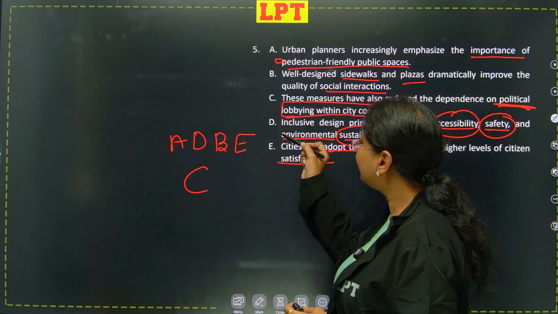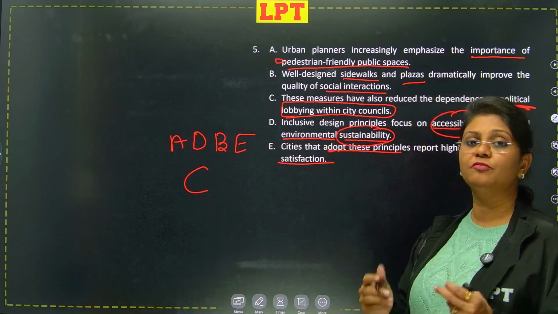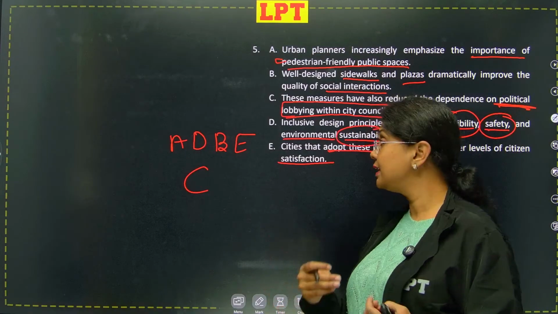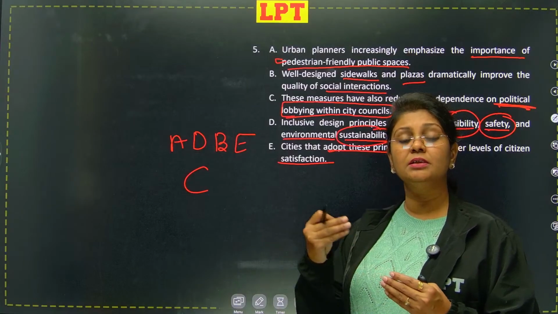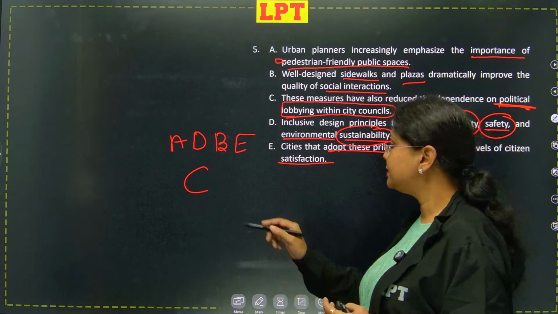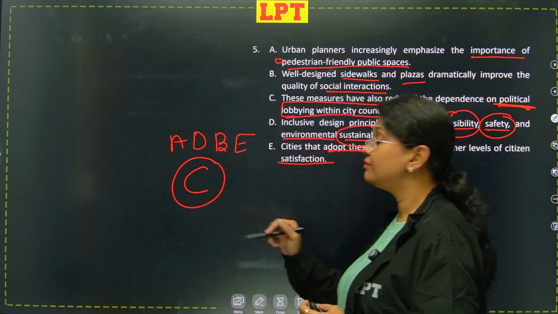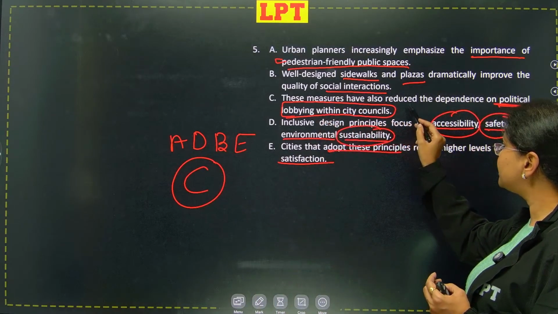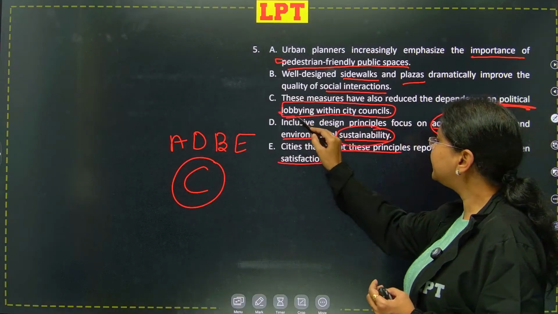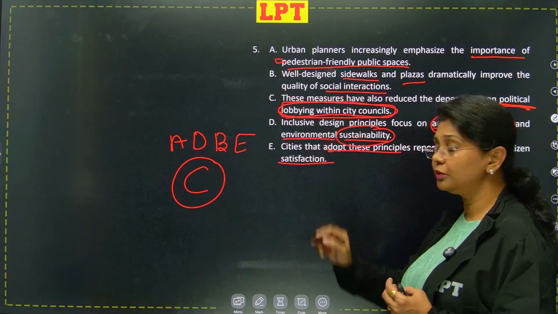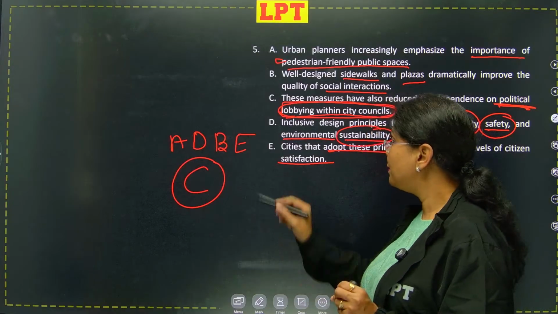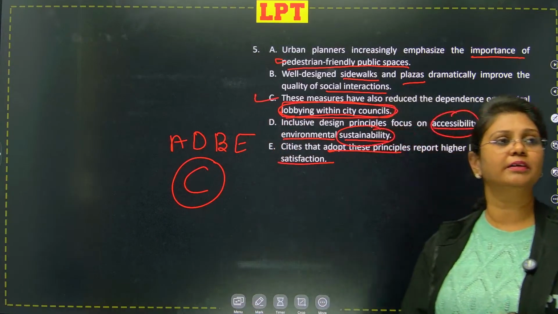A, D, B, and E follow the same kind of principle that we started off with in the first sentence, continuing the direction and discussion in the same place. Then you have C, which shifts from this because it talks about these measures having also reduced the dependence on political lobbying within city council. So this really does not gel with the rest of the four statements, making C the odd one.